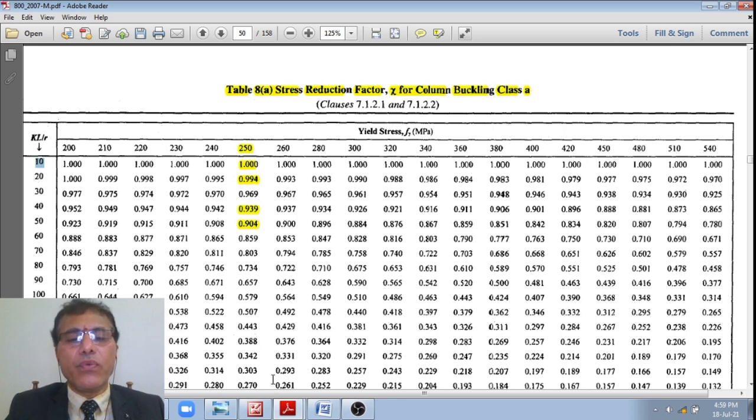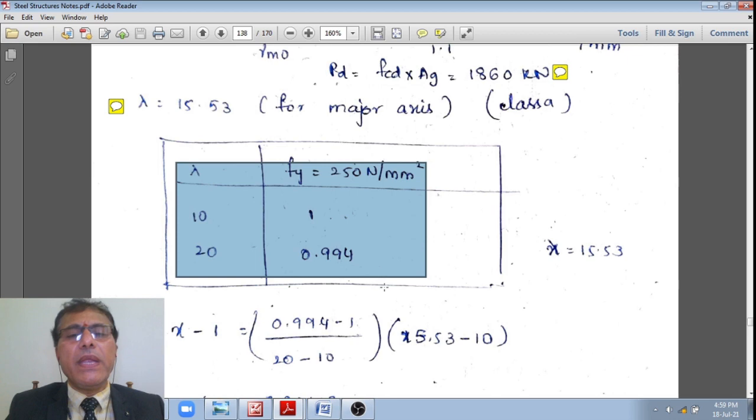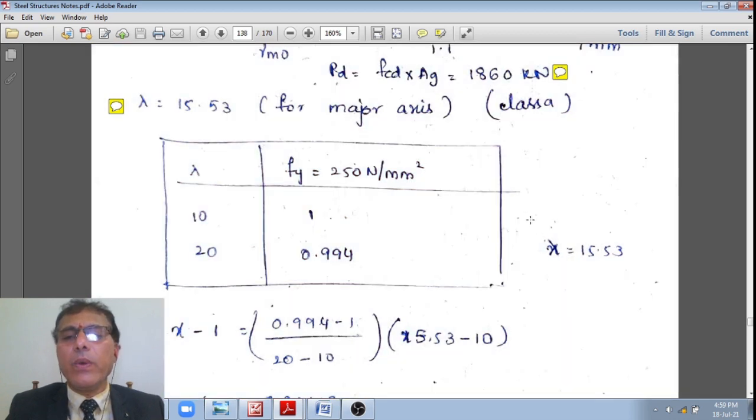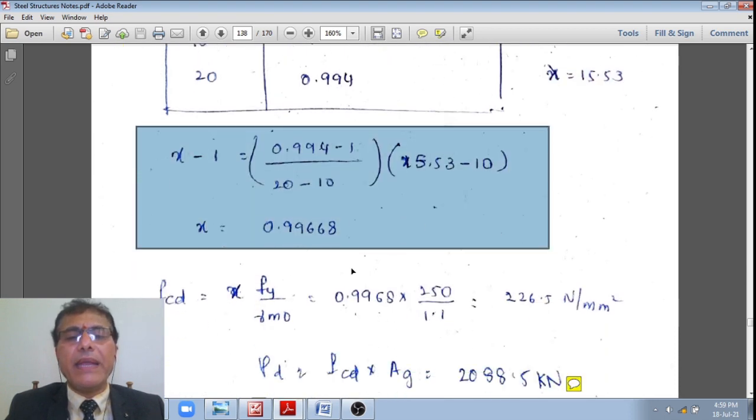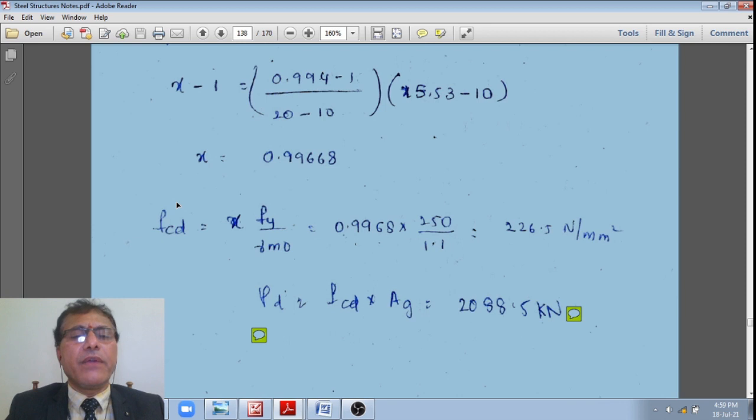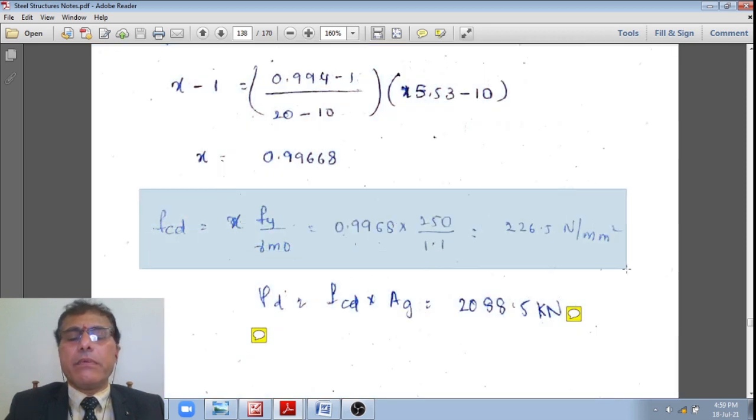Therefore, in between, I want the value for 15.53. If I do interpolation, I will get that value as approximately 0.9967. Therefore, the permissible design compressive stress is the stress reduction factor 99.67% multiplied by the base value 250 divided by 1.1.